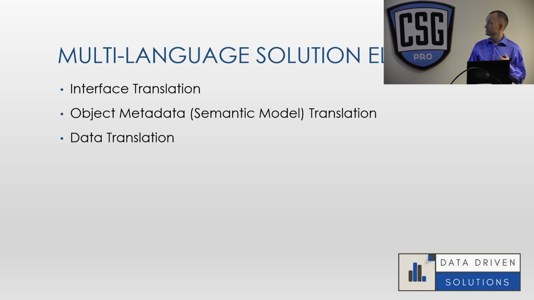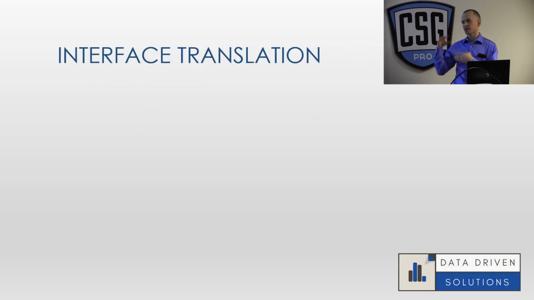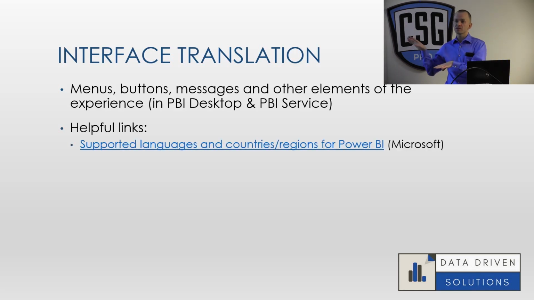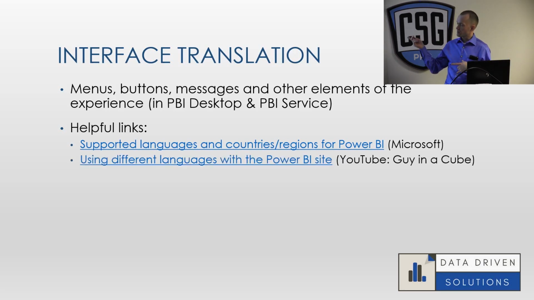As far as the interface translation goes, that's the first of the 3. Those are your menus, your buttons, your messages, and some of the other elements. Here, we'd like not to reiterate a whole lot, because this is the easiest part. The interface translation is really not that difficult. I think Microsoft already took care of it pretty well. The first link is by Microsoft.